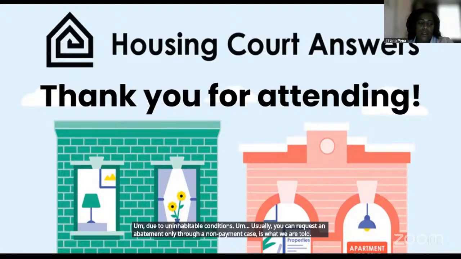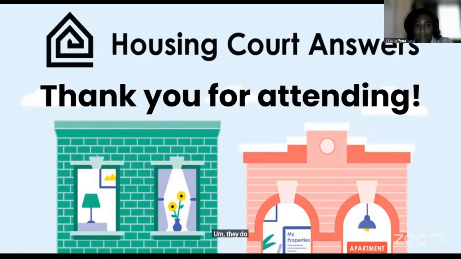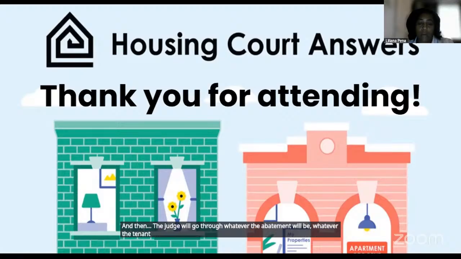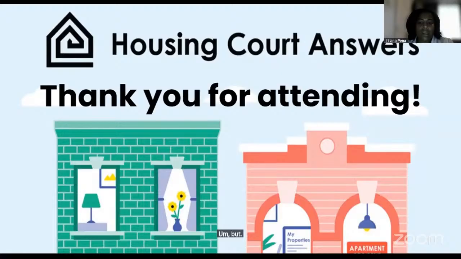They do focus on the money first, on what is owed, and then the judge will go through whatever the abatement will be, whatever the tenant will get credit for. But you don't need to have a separate HP action case.